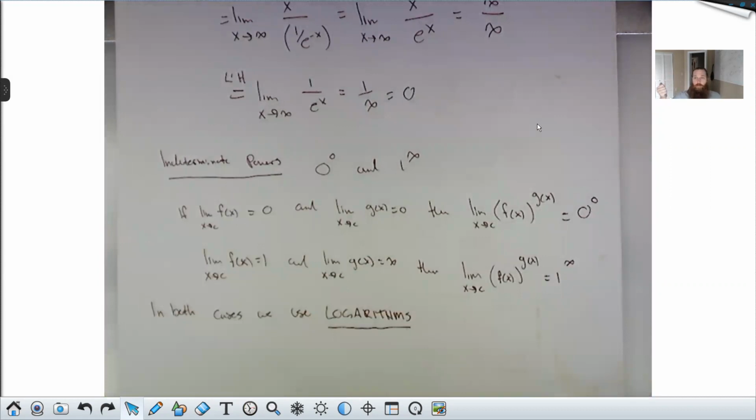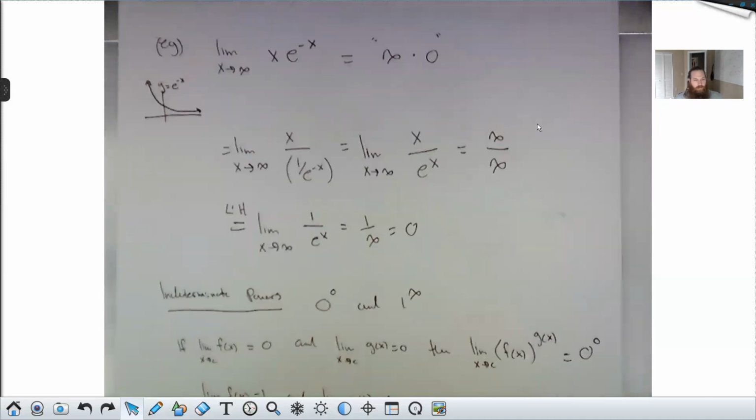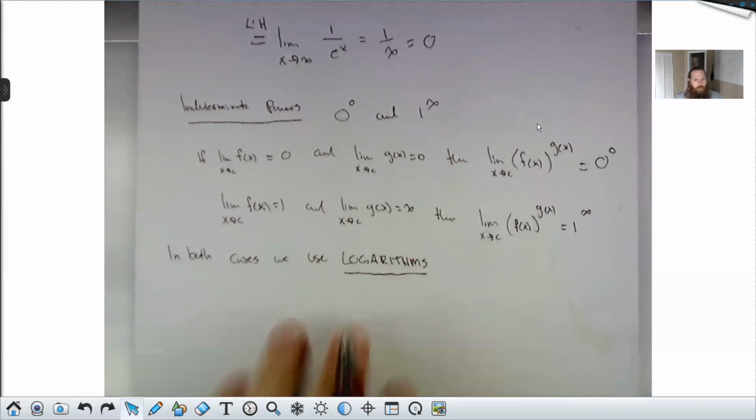They were super useful when we learned logarithmic differentiation, allowing us to take weird powers and turn them into multiples. But we're going to do the same thing here. We're going to take weird powers and turn them into multiples. So a logarithm will allow me to turn something like 1 to the infinity into something like infinity times 0. And from there, I can do precisely the sort of stuff we were doing here. But it's going to require a little bit of luck.